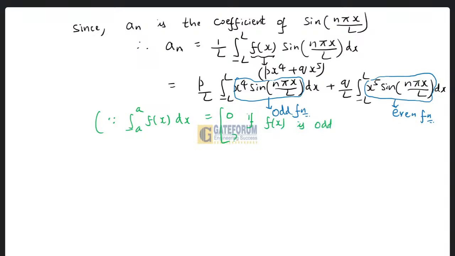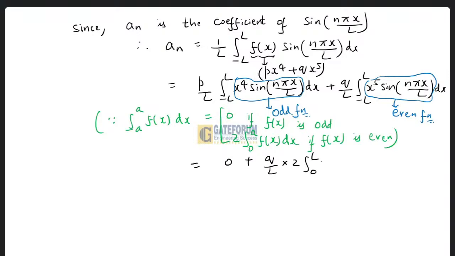Otherwise, it is 2 times the integral from 0 to a of f of x dx if the integrand f of x is an even function. This is the property I have used. So finally, this value is 0, and what remains is q by l into 2 times the integral from 0 to l of x power 5 sine n pi x by l dx.